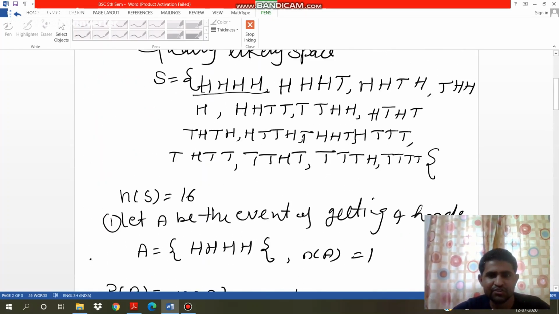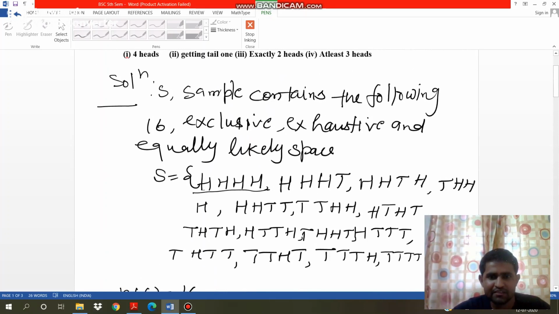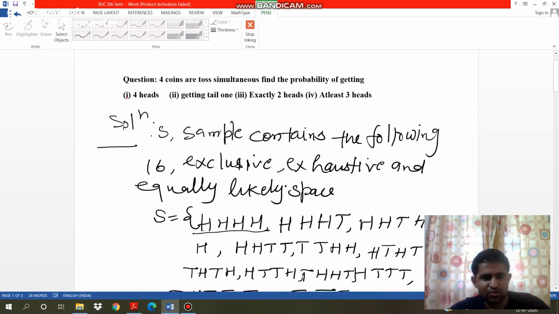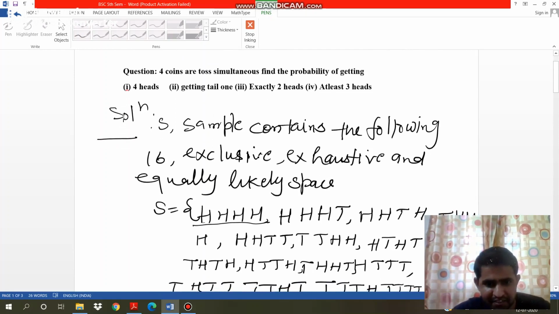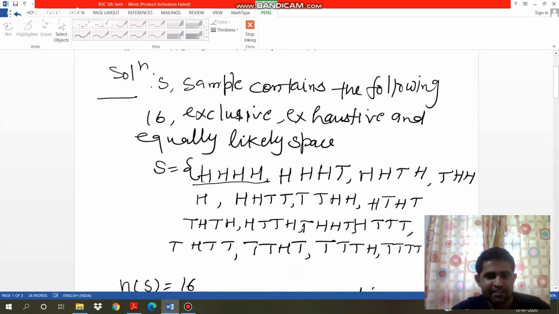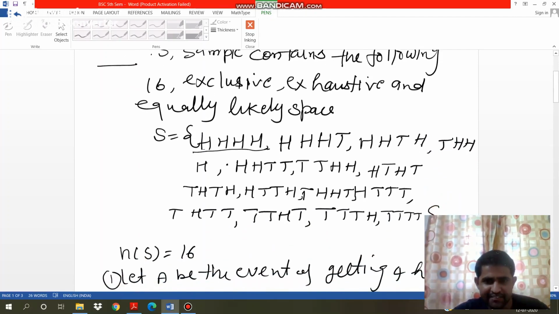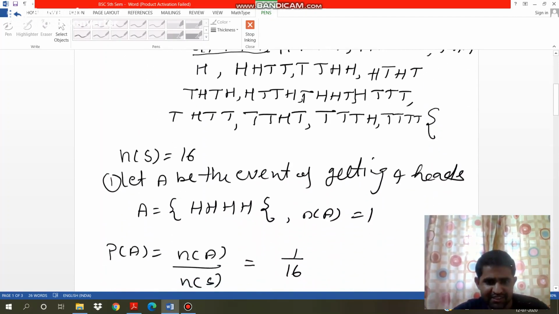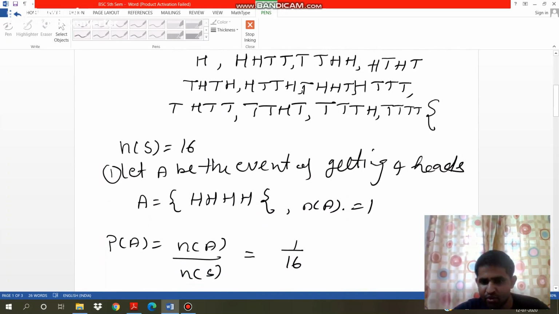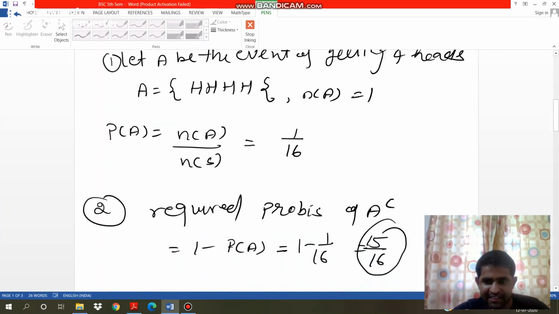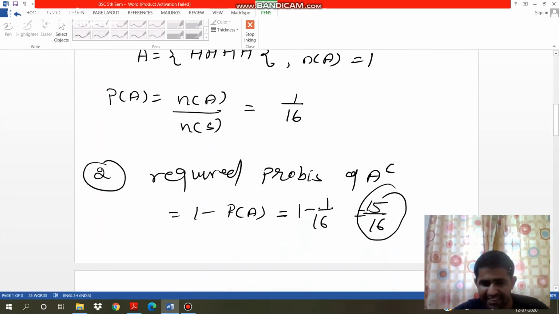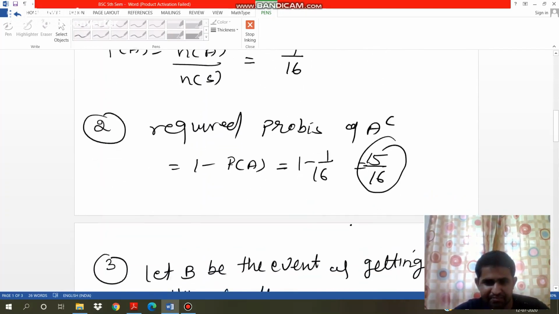Okay guys, first you write the sample space. This is not good writing, and this is the first time we can use this method. Hope you understand. This is the sample space for getting 4 heads. First one is getting all heads, 1 by 16. Getting at least 1 tail, 15 by 16.